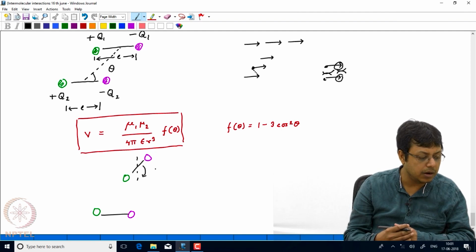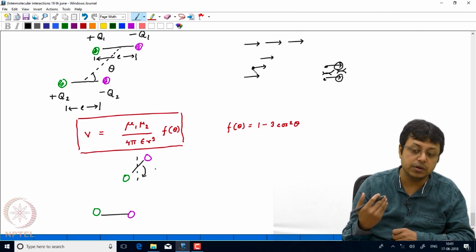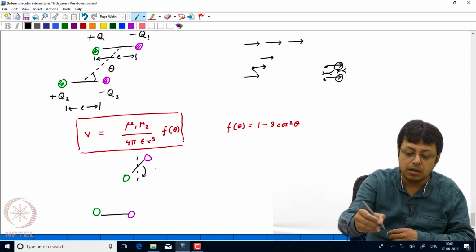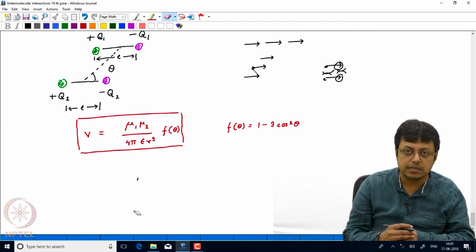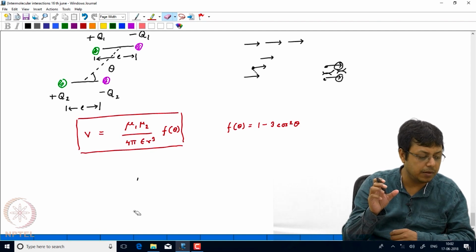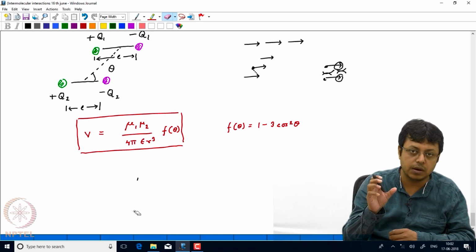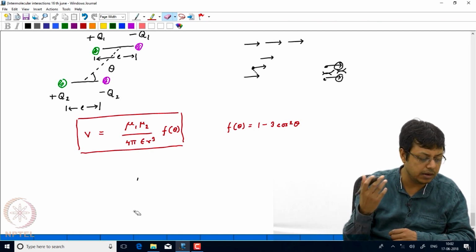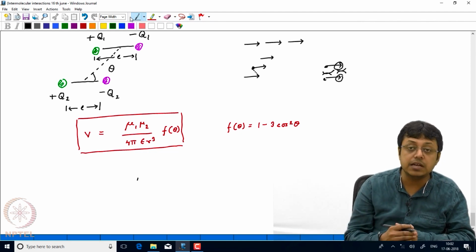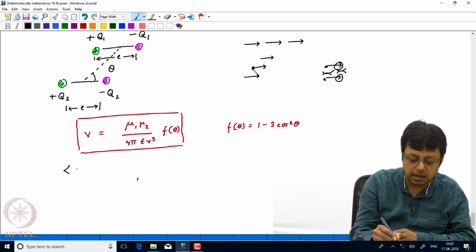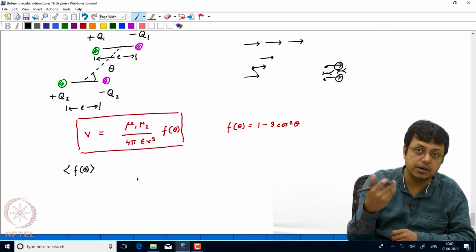Now this dipolar interaction, if we have it between two freely rotating molecules, meaning in reality we will have the function 1 minus 3 cos square theta, that we already know, and we are now asking what will be the average value of this f of theta if the two dipoles are free to rotate.